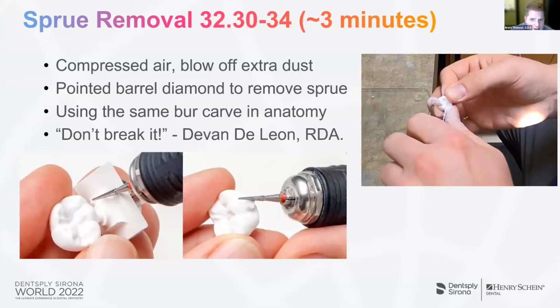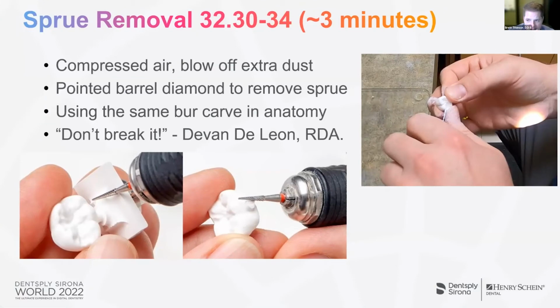All right, so it's out of the mill, and I want to get it to the oven as fast as possible. This I took about 3 minutes. I use some compressed air to dust off the remaining dust in there. I use a pointed carbide, if you see in this picture, or a diamond. I've used both. I used this to cut off just halfway through the sprue, enough to where I hold it in between my hand and do a little wiggle and it pops off.